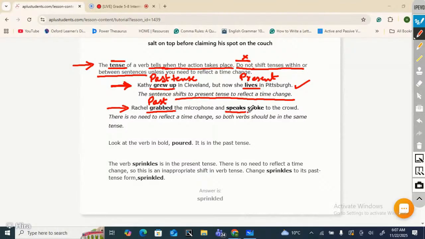So both verbs should be in the same tense. Rachel grabbed the microphone and spoke to the crowd. There is no need to reflect a time change, so both verbs should be in the past tense. Grabbed, past tense, spoke, past tense. So this is the correct way.